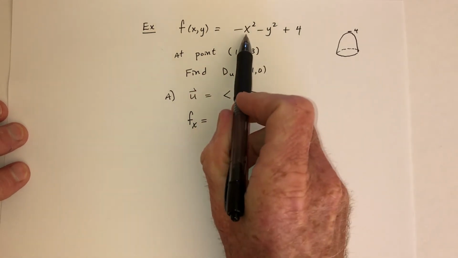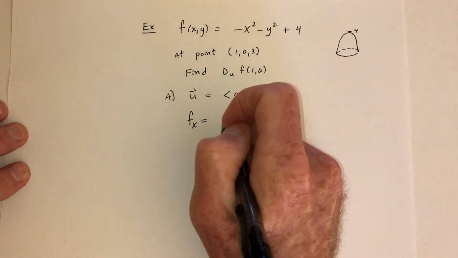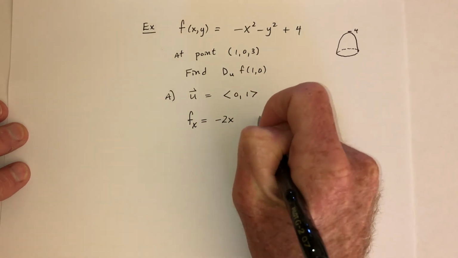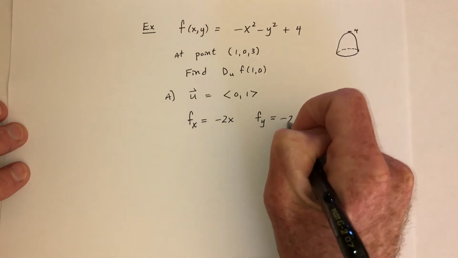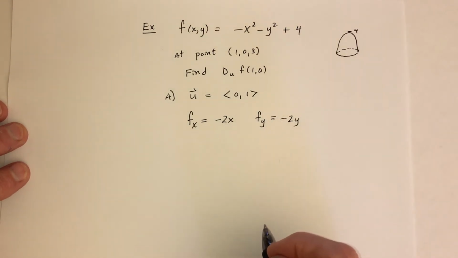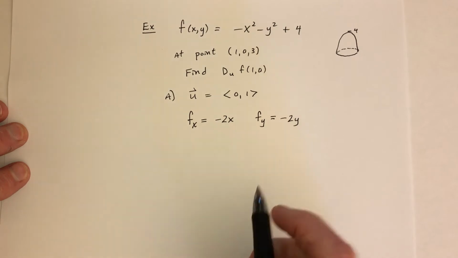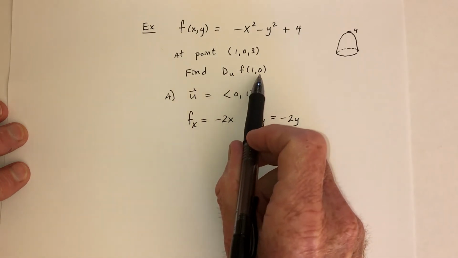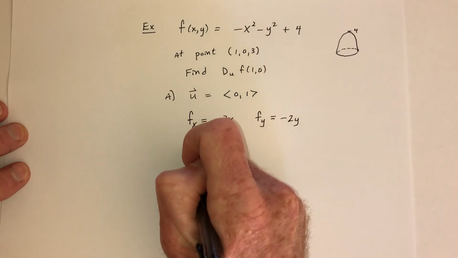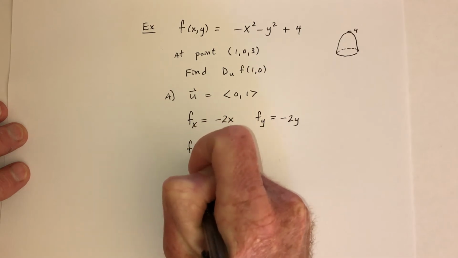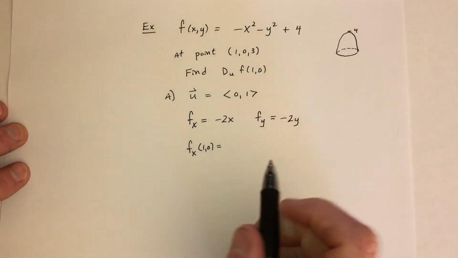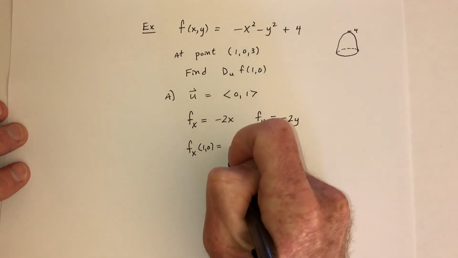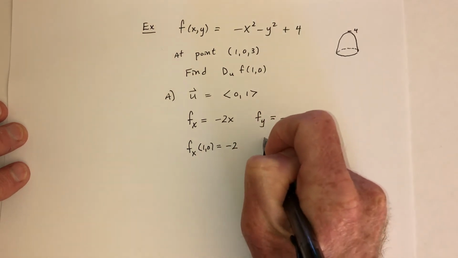So that would just be negative 2x. Take the derivative with respect to y, and that would just be negative 2y. And then we need to plug in the 1 and the 0. So when you plug in 1, 0, that means plug in a 1 for x, so that's going to be negative 2.